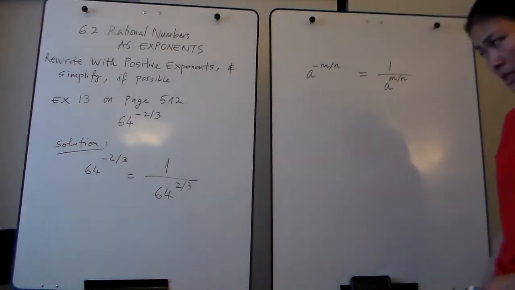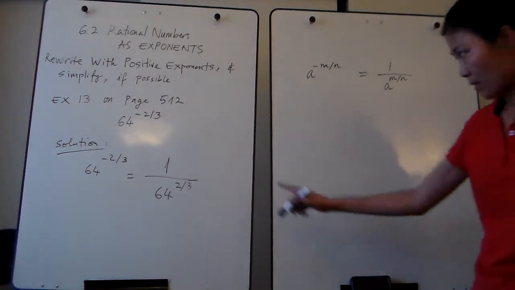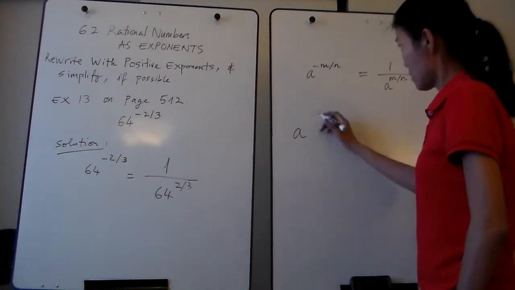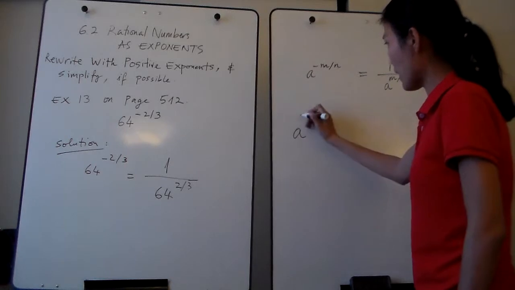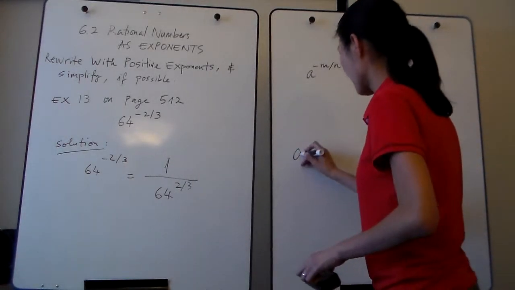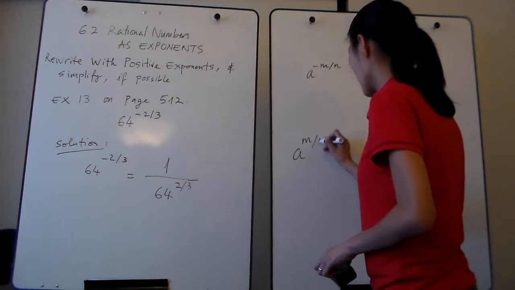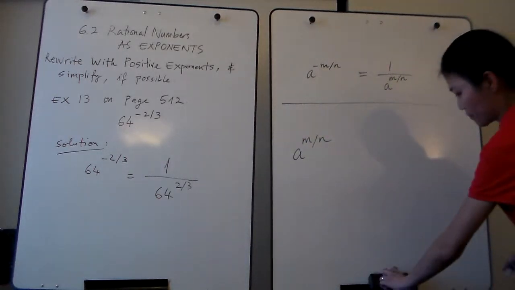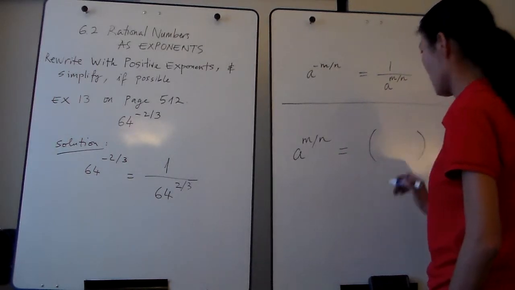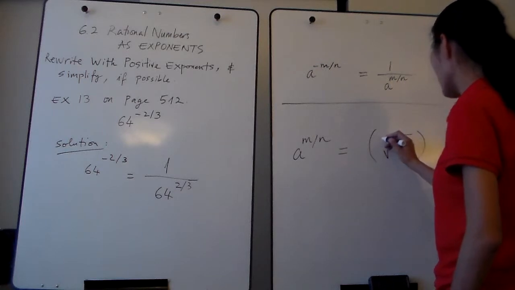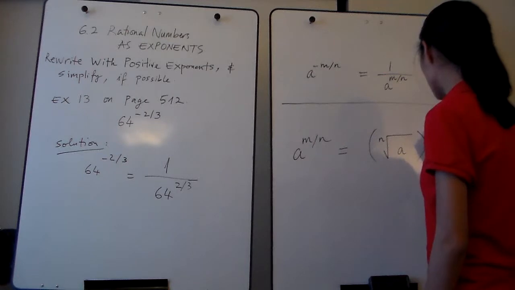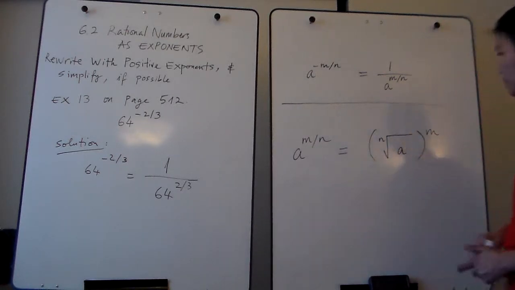Looks like we can simplify this, because if you recall, we learned that a raised to m divided by n. This is a different formula, okay? That you can rewrite this as the n root of a, raised to the m power.